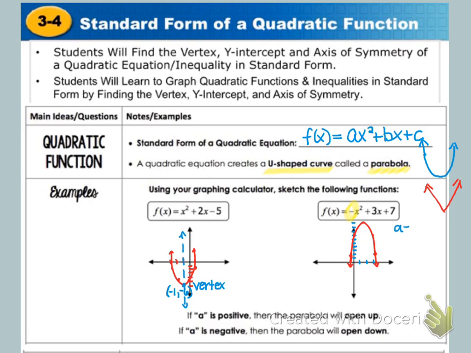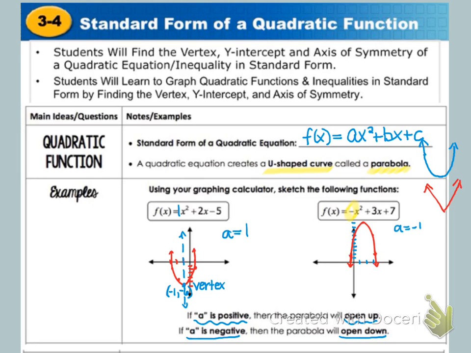So the a was -1 in this one, and over here where the parabola opened up, the a turned out to be 1. And anytime your a is positive, the parabola will always open upward, and anytime the a is negative, the parabola will open downward.